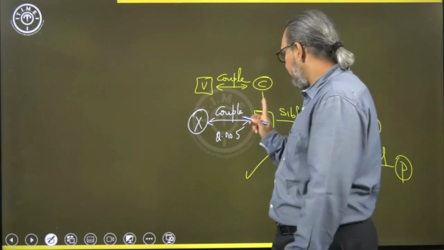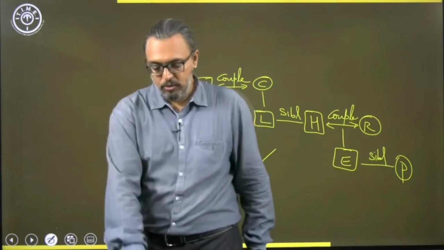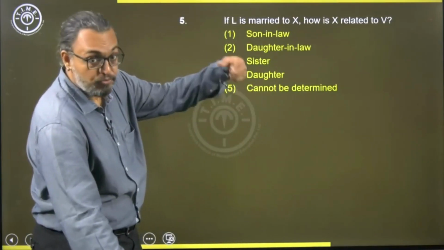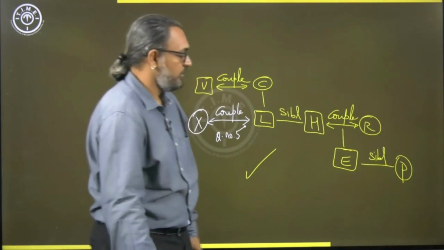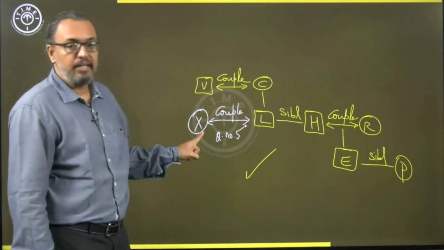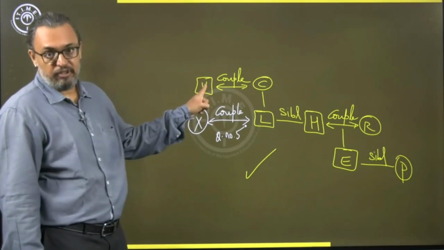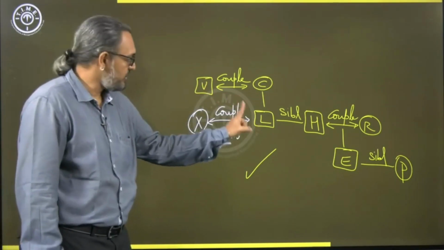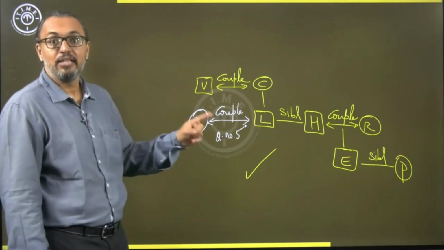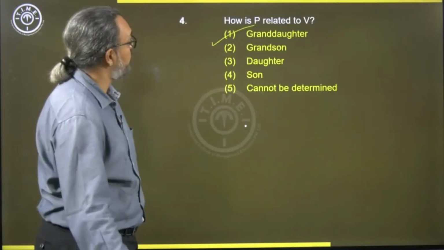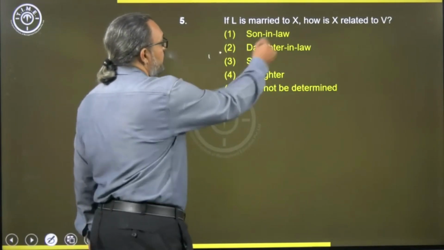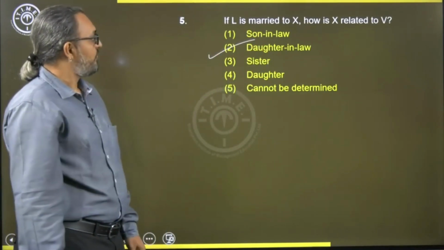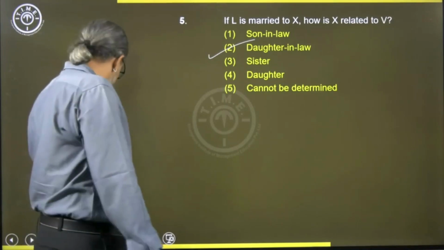So if L is married to X, the question that we have is how is X related? So from V we have to check. So from V you go to L, son, and that son has a wife. So son's wife, we have daughter-in-law, and that's available in choice 2.